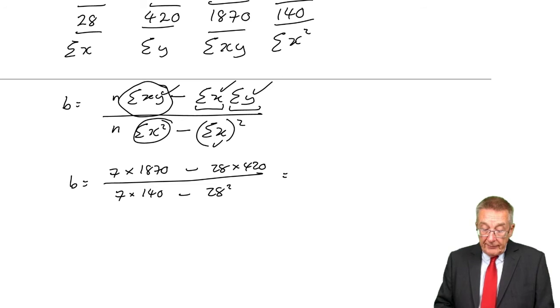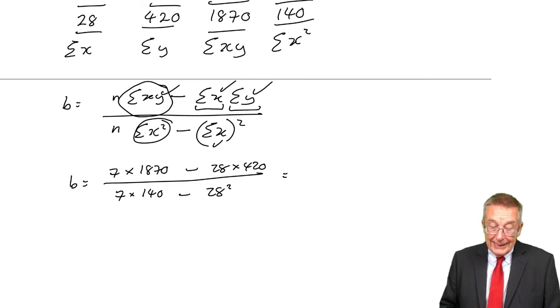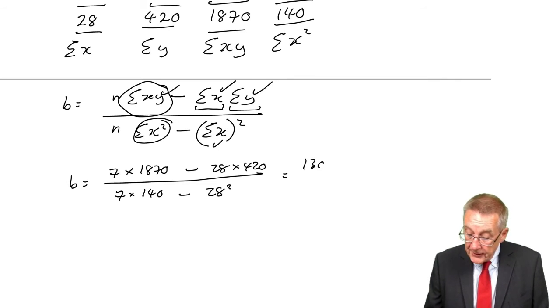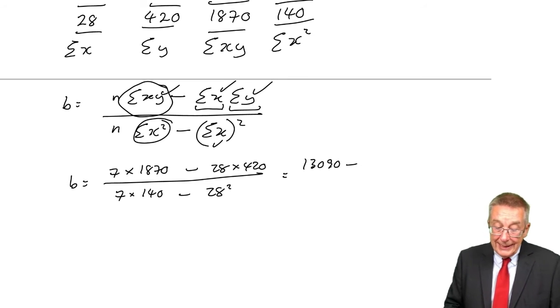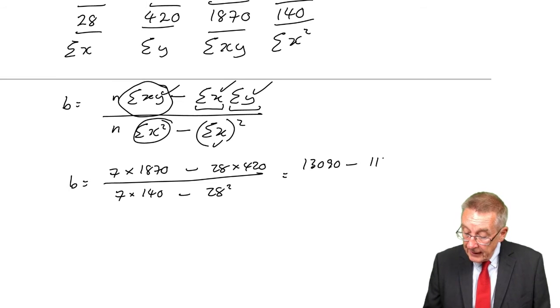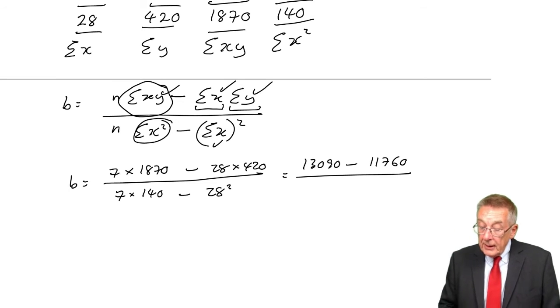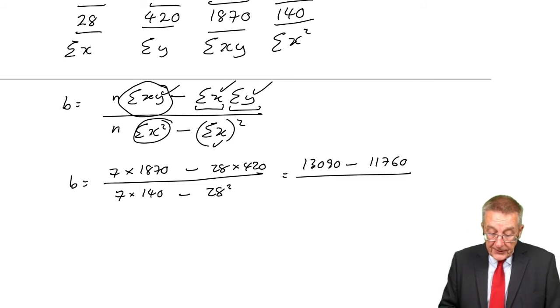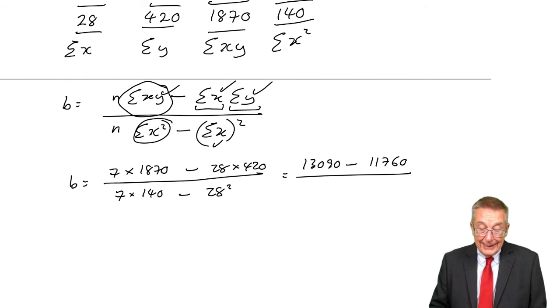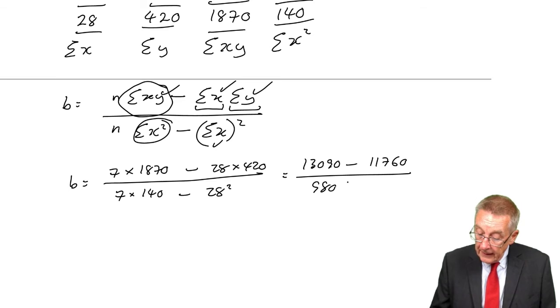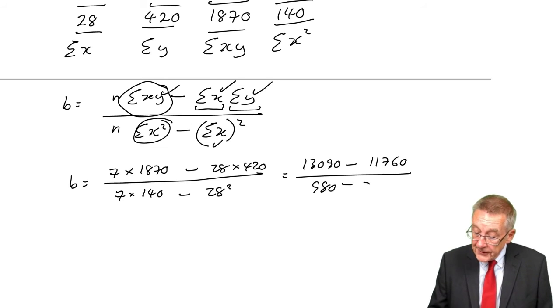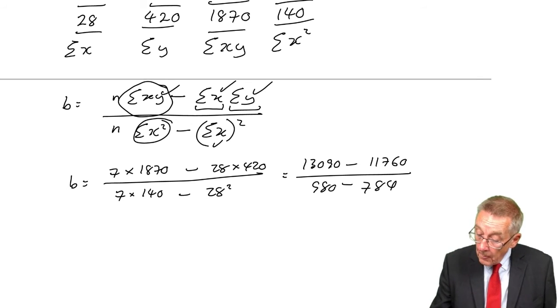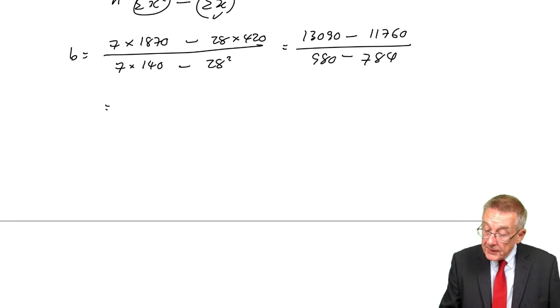So the top, 7 times 1870 is 13090. 28 times 420, 11760, divided by 7 times 140, 980, minus 28 squared, 784. So we're almost there. What does that come to?